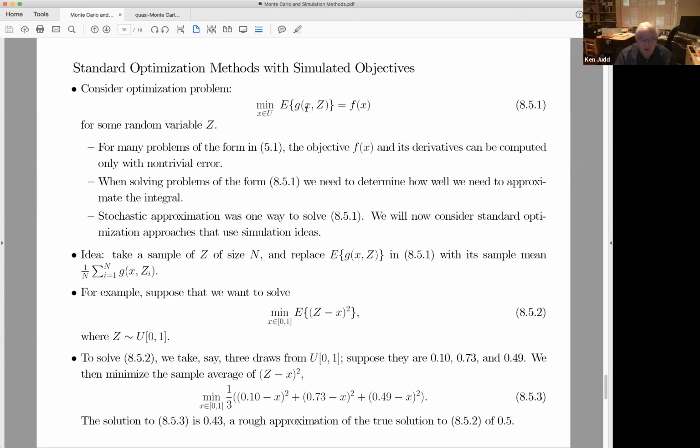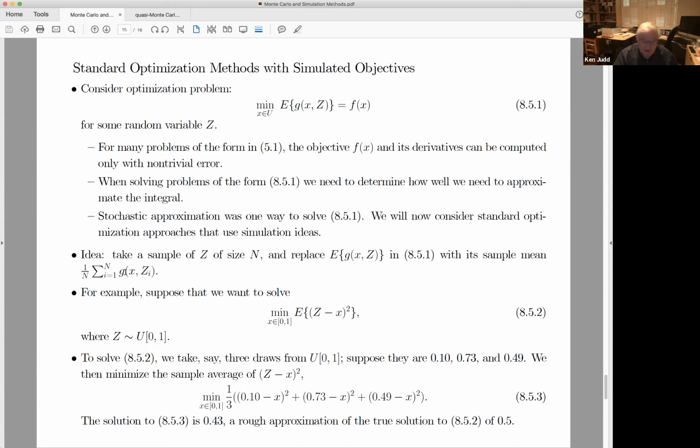What you want to do is choose the weight that maximizes expected utility. Now one way to do this is to take a sample z of size n and replace 8.5.1 with the sample mean.